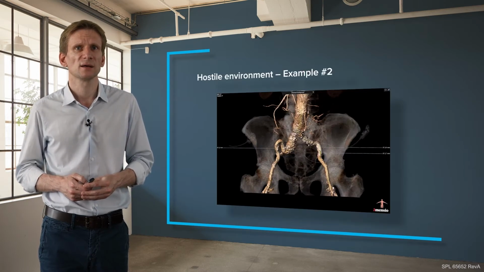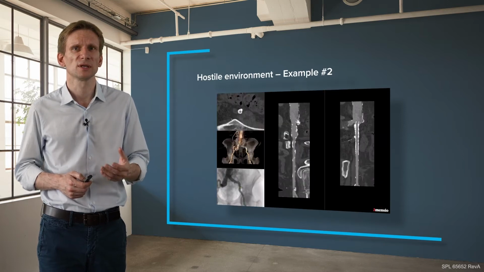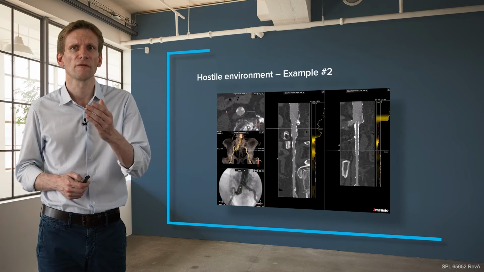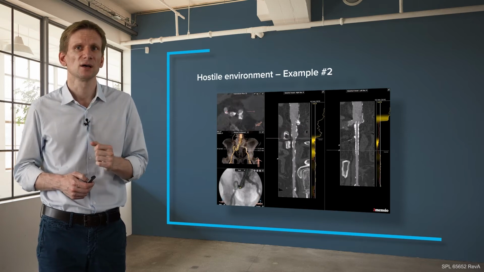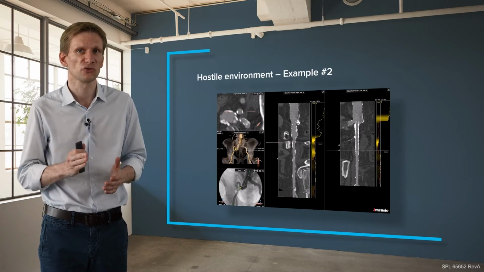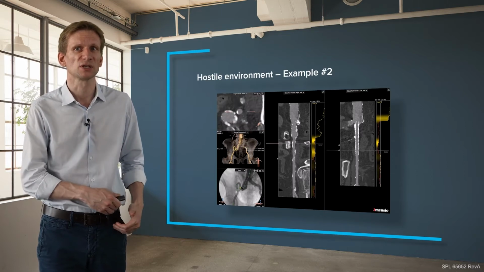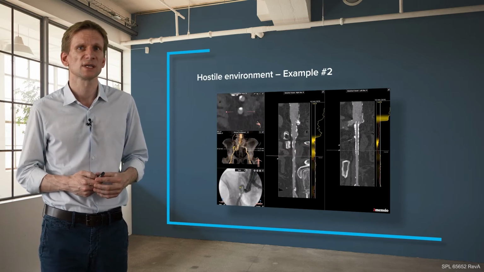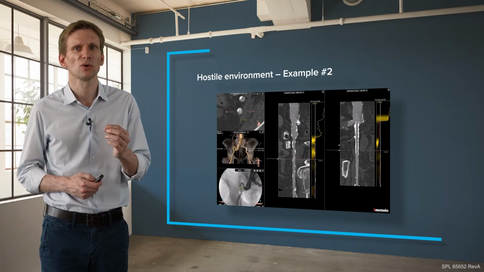A second example of hostile environment, this is very nice as you can see. On the left-hand side for the patient, on the right-hand side of the screen, there is a very long stent placement, and on the right-hand side for the patient there is a lot of calcification, but this is not the only problem for this patient.